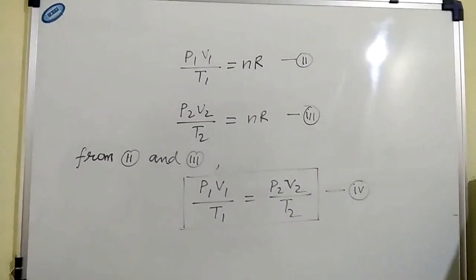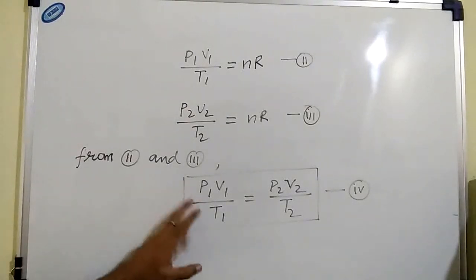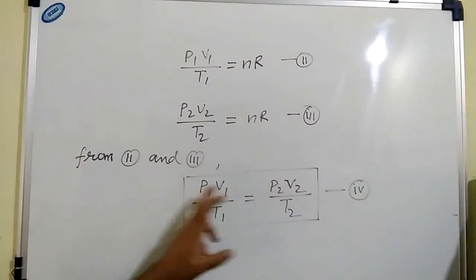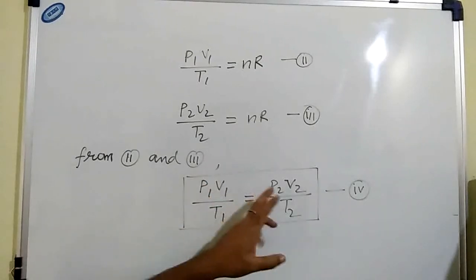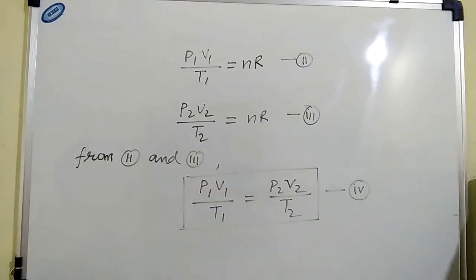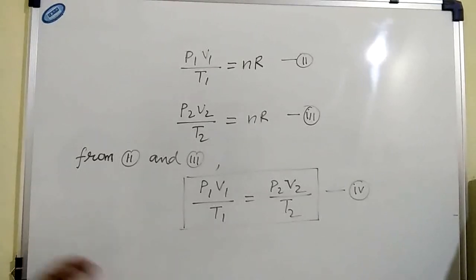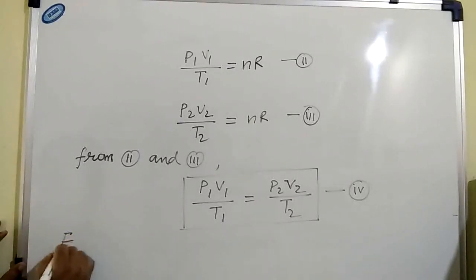And what is the use of this? Here you see, 6 terms are there: 1, 2, 3, 4, 5 and 6. Out of 6, if one is unknown and the other 5 are known, then we can calculate its value using this equation. So what is equation 4?